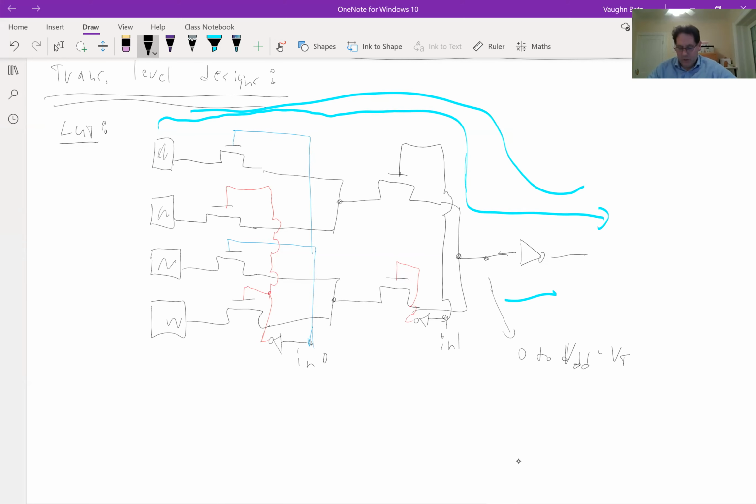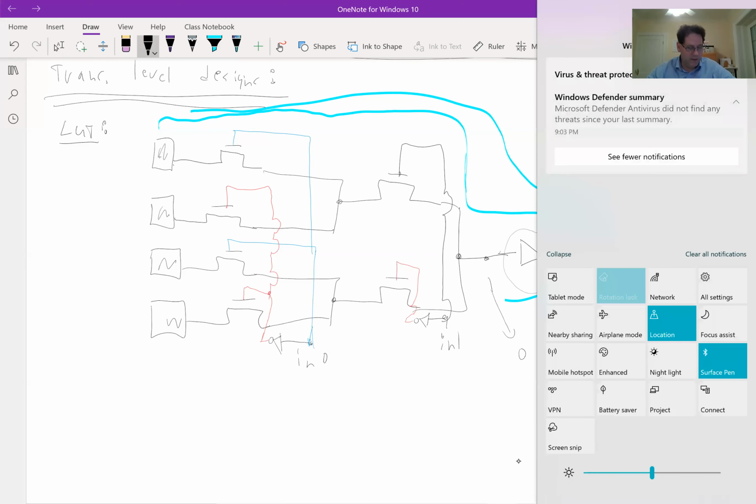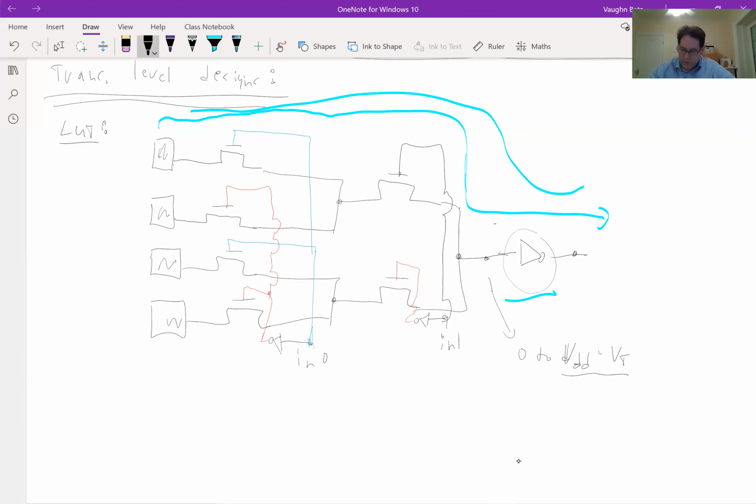And that is going to make this inverter really leak, because the inverter is built out of a pull up and a pull down. When we pass a VDD minus VT onto its input, the pull down is strongly on, the pull up is weakly on, and this thing leaks like crazy. So we get a degraded waveform and we get lots of static power.